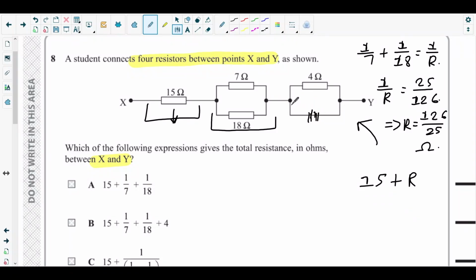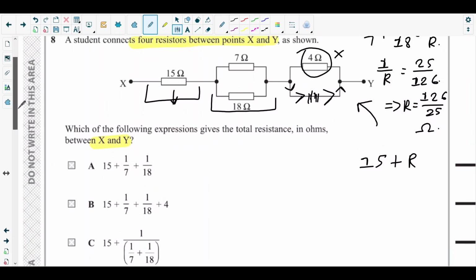That means all the current will flow through this pathway, because the current will always follow the way along which there is no resistance, no obstruction. So that's why the current will follow this way, and the 4 ohm resistor will have no effect on the flow of current. So we have to ignore the 4 ohm resistor here.